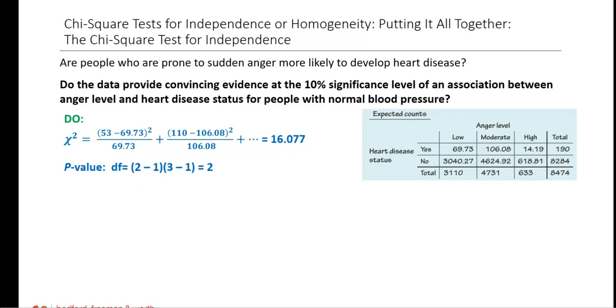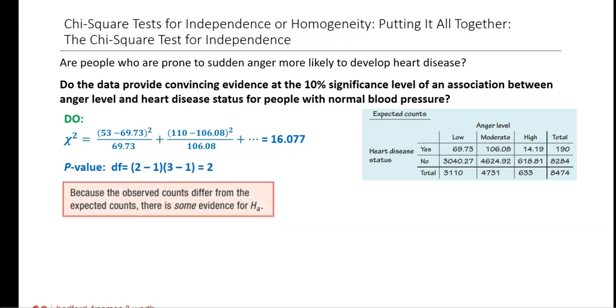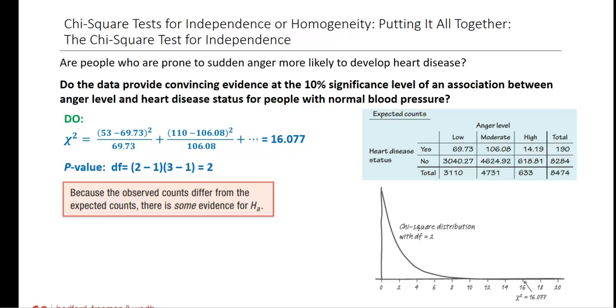Degrees of freedom was 2 because number of rows, 2 minus 1, times number of columns, 3 minus 1. So 1 times 2 is 2. They drew it, so this is interesting. When it's degrees of freedom 2, you could draw it like this.